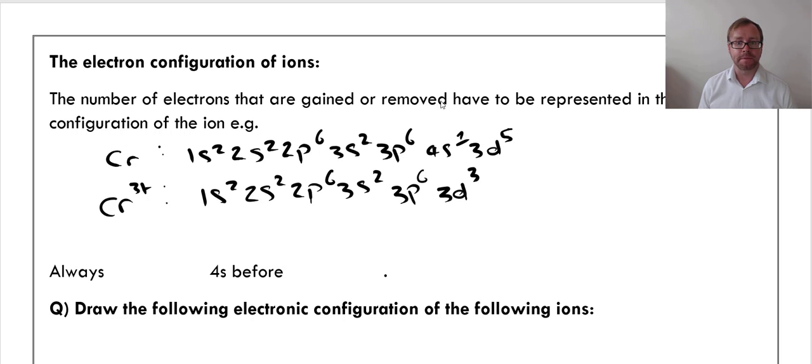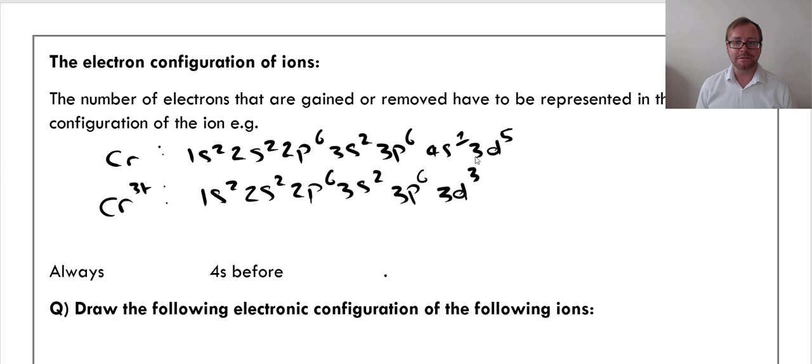Okay, remember, this is the tricky one: Cr3+ ion, so I've removed 3 electrons, and I want you to have a look at which electrons you think I've removed and from where. Okay, as you probably noticed, the 4s electron has been removed before the 3d ones, because otherwise it would have been 4s1, 3d2.